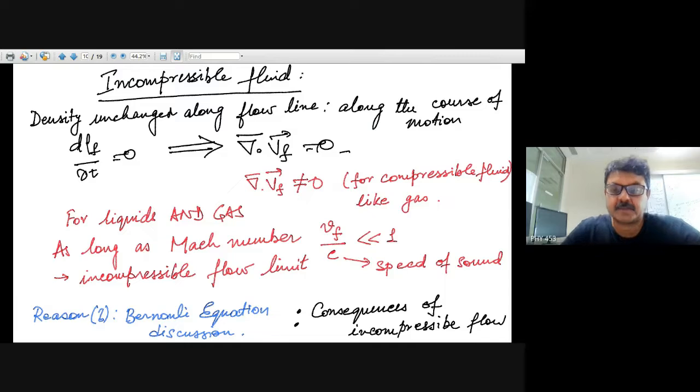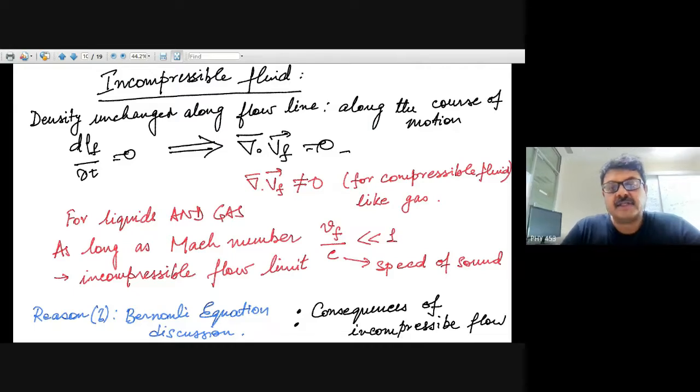So that's the Mach number, the ratio of the velocity of the fluid to the speed of sound in that medium. If that is much less, then that flow can be considered as essentially an incompressible flow. Why, as I told you, we're going to learn later.